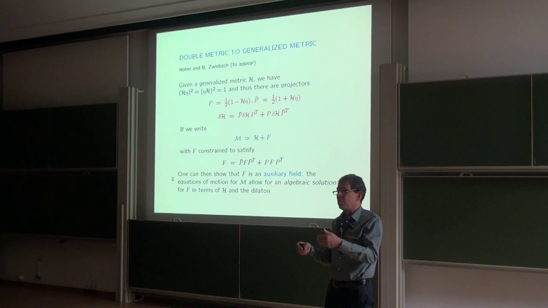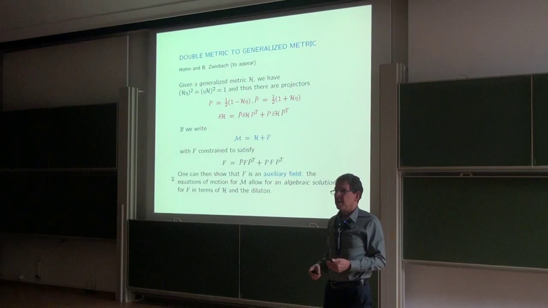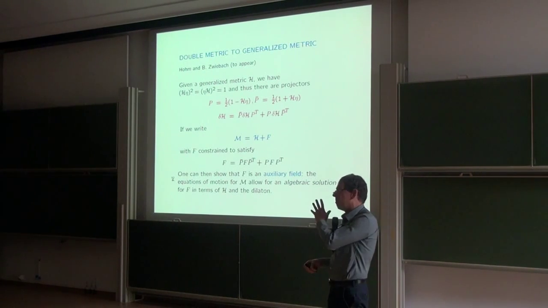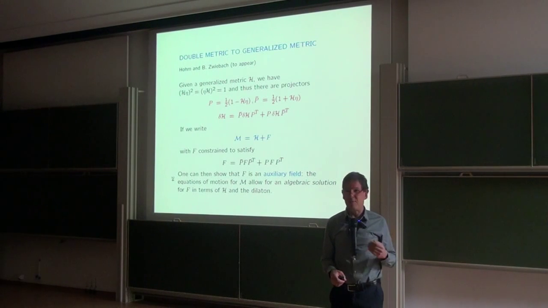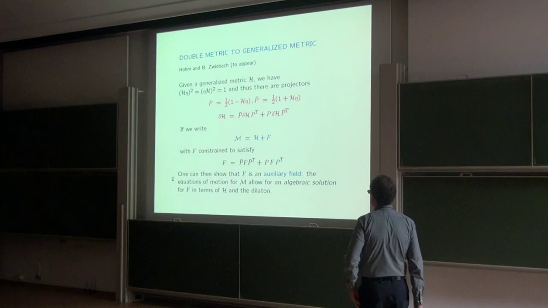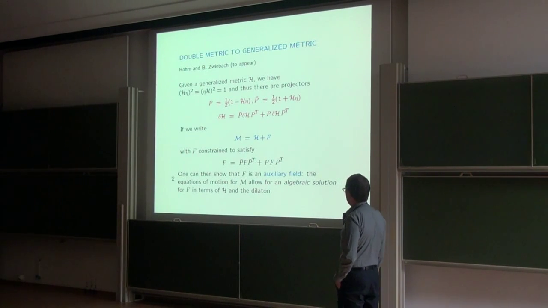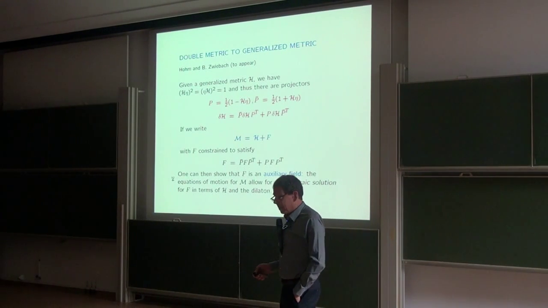So it was natural to use the generalized metric to do the alpha prime corrections. Nevertheless, somehow, by these conformal field theory methods, you're led to a double metric, not a generalized metric. So the question you can ask is, can you give a formulation in terms of a generalized metric, that would be more familiar?